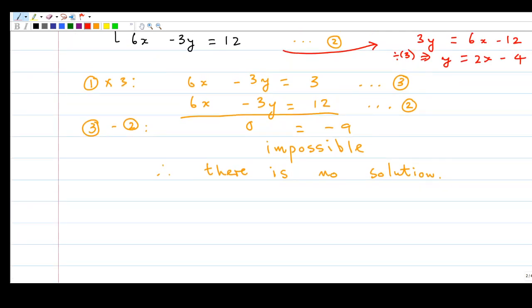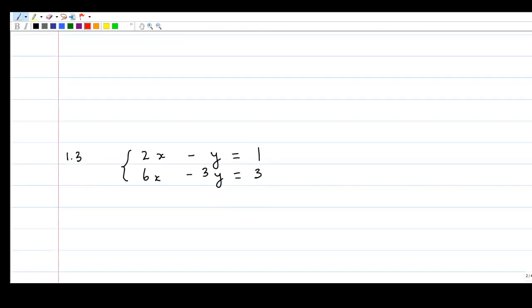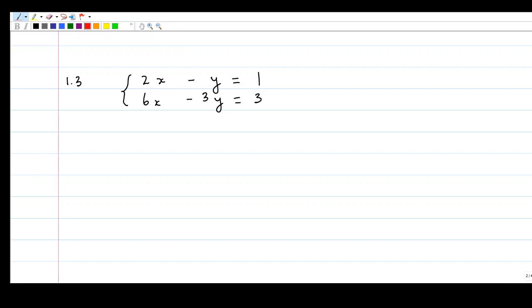We now move on to 1.3. Here's your first equation, second equation. Note that the variables are one below the other and the constants are on the right hand side. So we can proceed.